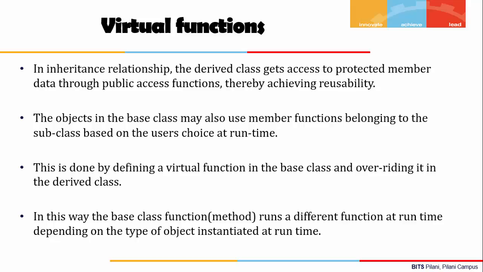Then in the derived triangle class, you can call the particular draw function where a triangle is drawn, and similarly for the others. In this way, the base class runs a different function at runtime depending on the type of the object instantiated at runtime. We will see more about virtual functions in detail in the next set of slides.